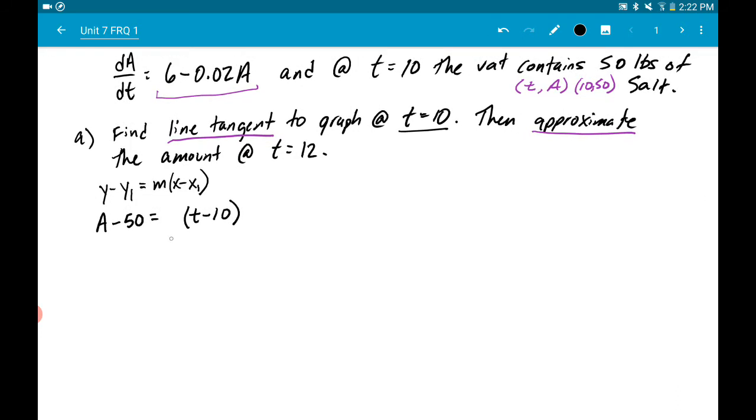So right in here it says that dA/dt is going to be 6 minus 0.02 A. We don't plug in 10 for t, we plug in the A that goes along with that t value, and it said that when t is 10, A is 50, so we're going to plug in 50 there.